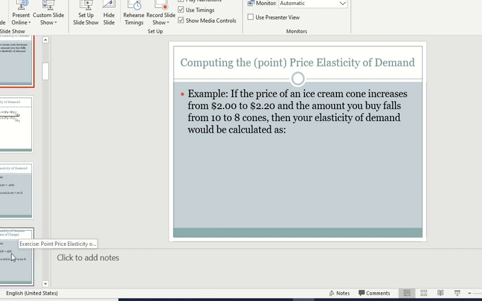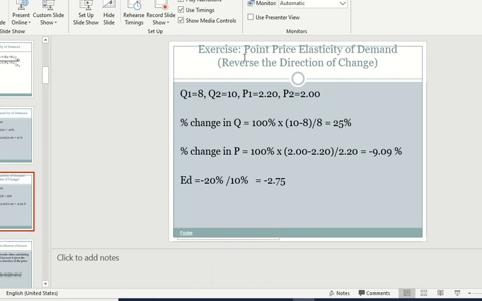By using the point method, which is the mathematical convention, let's see what we find. Now we have the initial quantity and the new quantity, and the initial price and the new price.